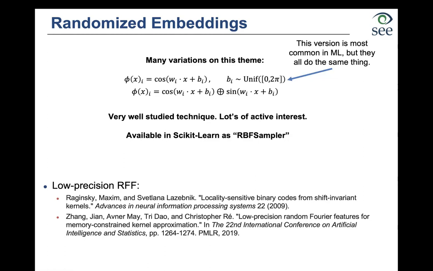Then there's a third variant that doesn't appear as often, where you concatenate the sine and cosine of this thing. These are all just different ways of realizing the same underlying similarity function. And that's the crucial piece of intuition: even though these embeddings look different, they're all doing the same thing, which is approximating the Gaussian kernel or some other shift invariant kernel by a dot product in HD space.